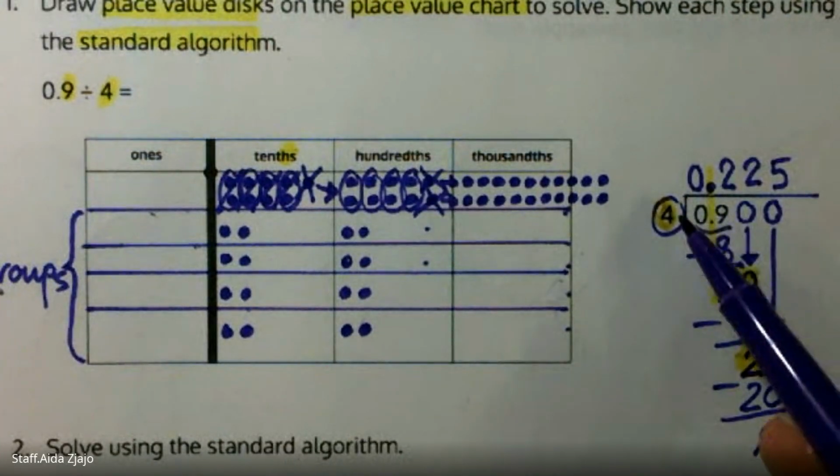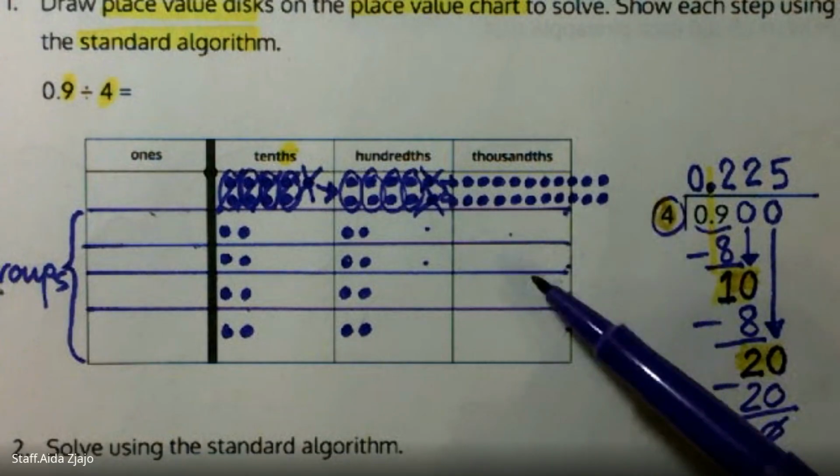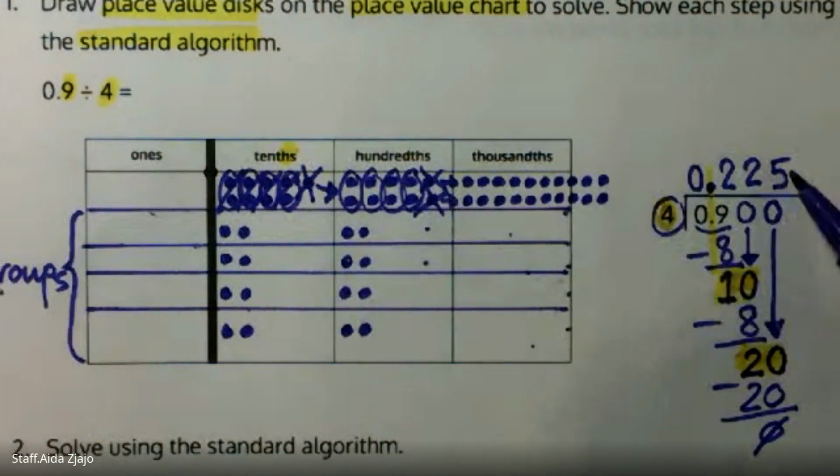So what that tells you is that in these 4 groups, I will each get 5 thousandths, and I will share all the numbers.